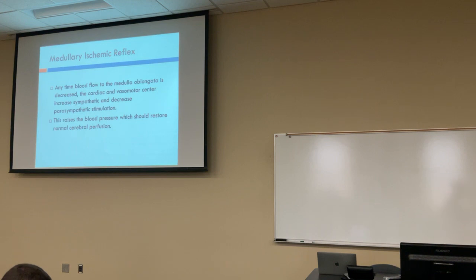Anytime blood flow to the medulla oblongata, which is the brain stem and controls breathing, blood pressure, and the heart, is decreased, both the cardiac and the vasomotor center increase sympathetic stimulation of the heart and decrease parasympathetic stimulation. That can greatly raise blood pressure in an attempt to restore blood flow to the brain.